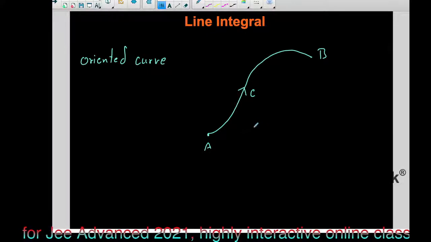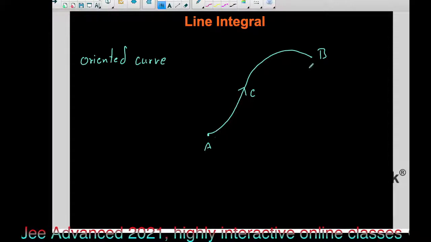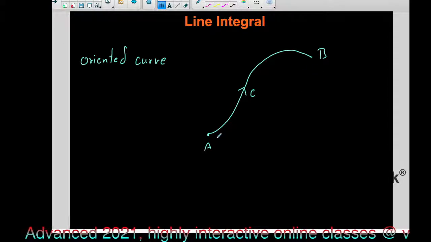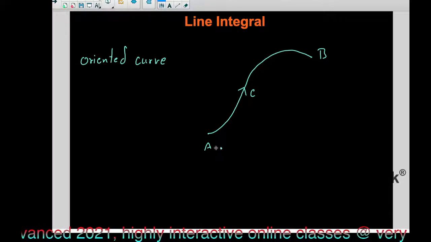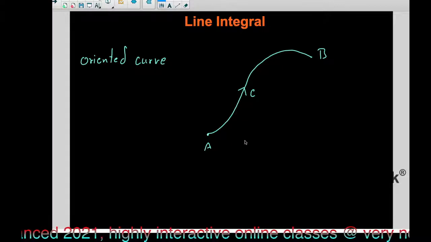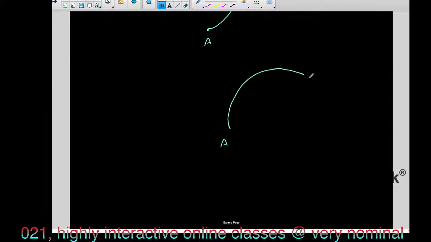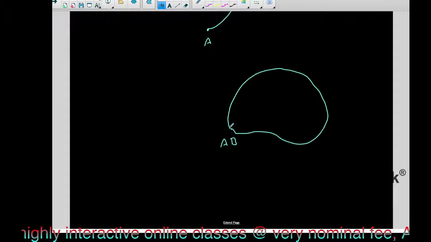But suppose the initial point is A and the terminal point B coincides. Let me make one more diagram. Suppose this point is A, and we go this way and come around in a closed loop like this, and the end point is once again the same point, right?